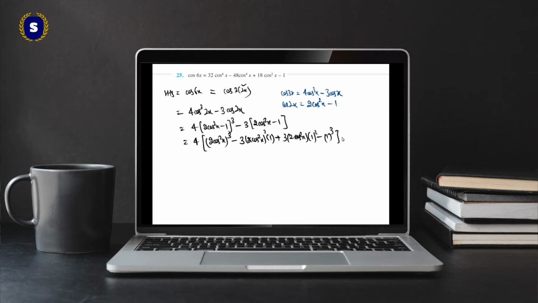Then the last one, minus 6 cos square x plus 3. Okay, so this will get 8 cos 6x minus 12 cos 4x plus 6 cos square x minus 1.